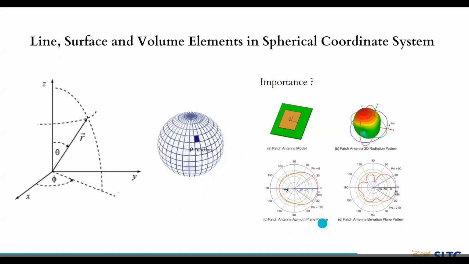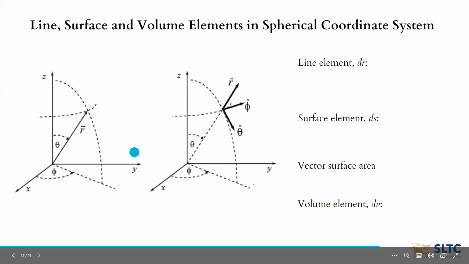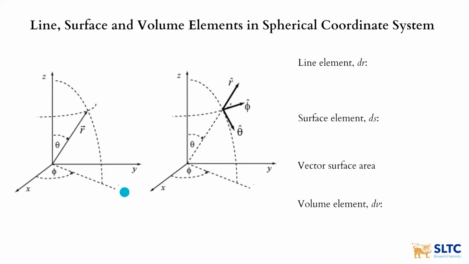We are considering the azimuth plane and the elevation plane. Those planes are defined for the spherical coordinate systems. So we will talk a bit about the spherical coordinate system.